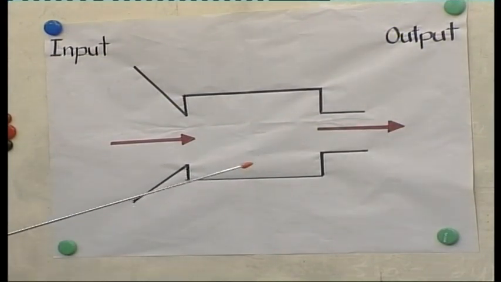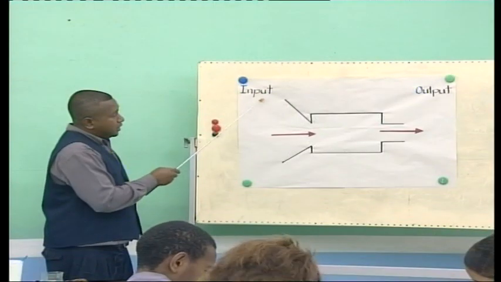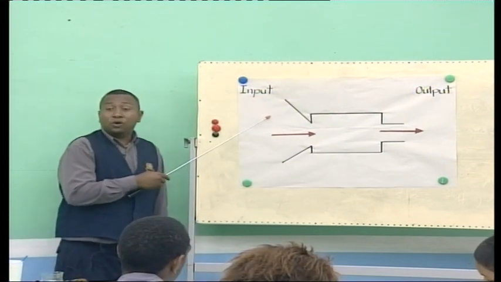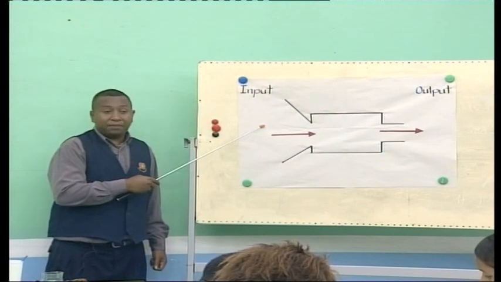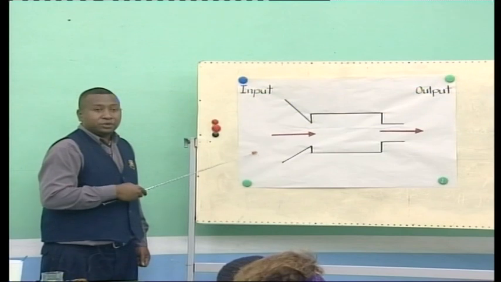7 and receiving students, are you clear now? Again, I'll go through the parts of the function machine. The part here, which is called the input, is the place where any number that you think of is put.